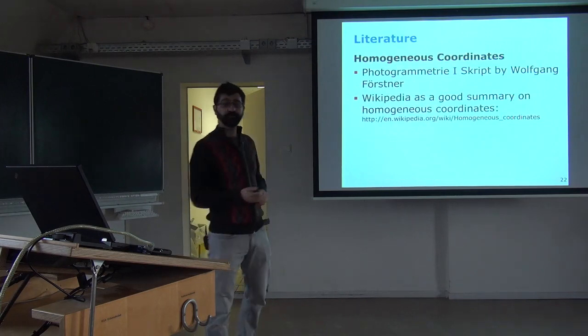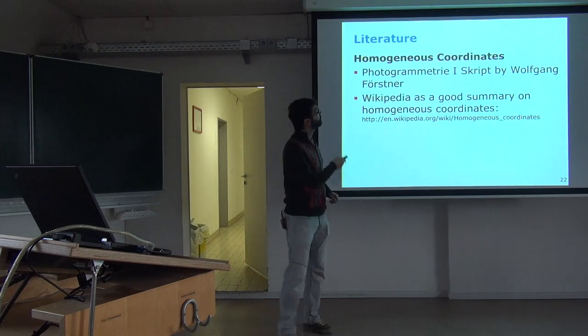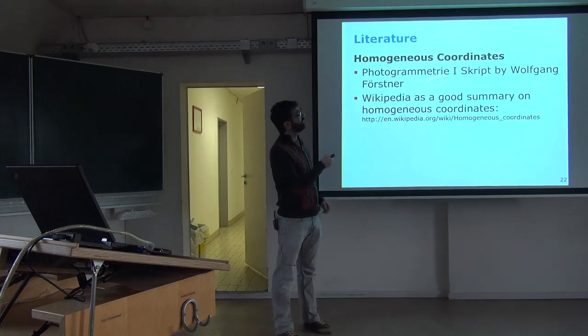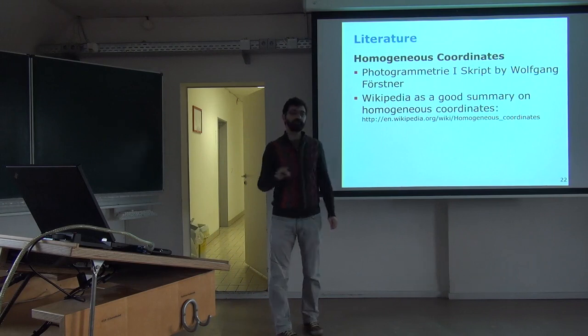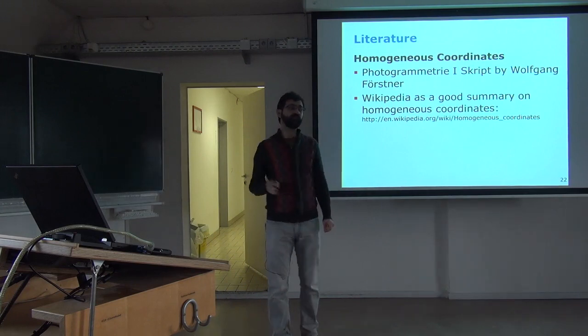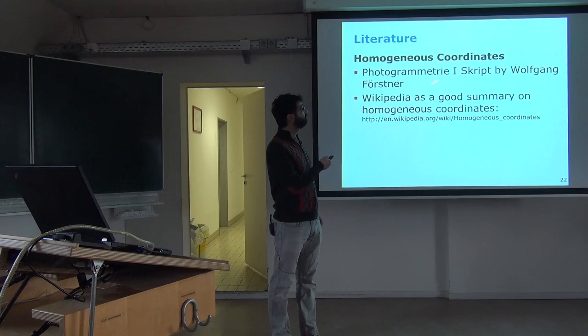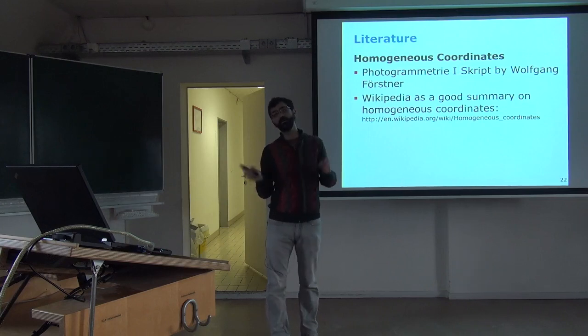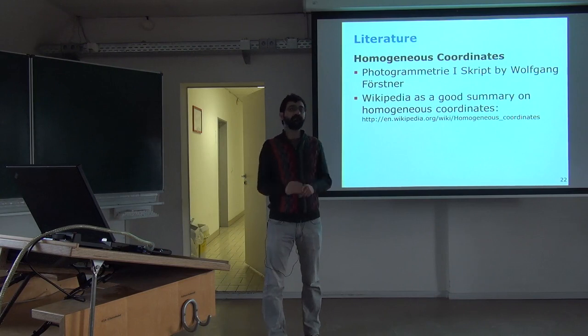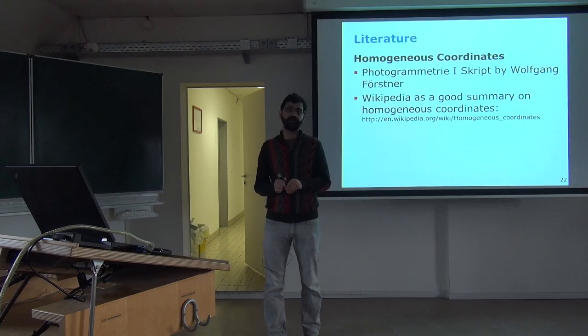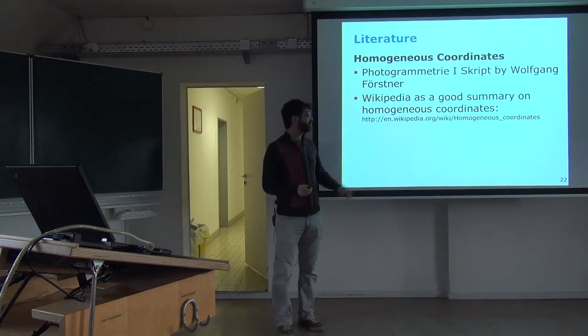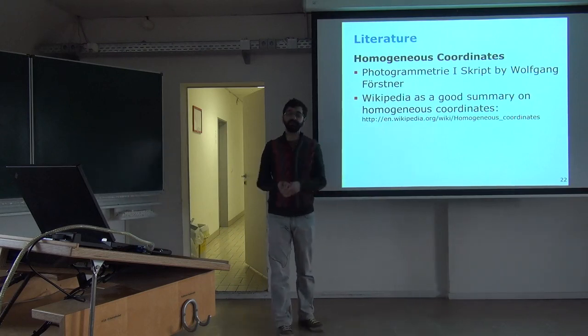Some pointers. I think you should find this on the web page, otherwise you can look at it. There is a script, it might be in German, so I don't know how good for you this is, but if you need some further tutorial or info, lecture notes on homogeneous coordinates, just write me an email, I will try to find something. Otherwise, you can go on Wikipedia, there's a lot of information there.